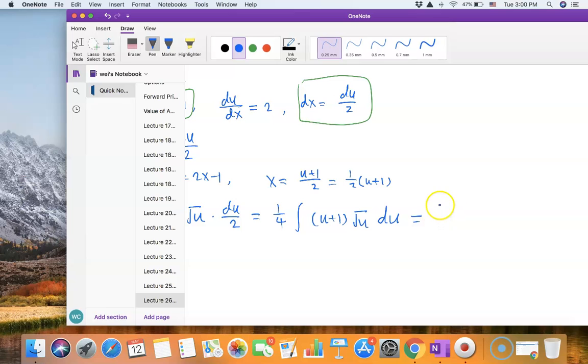Because let me first rewrite the square root of u into u to the power of 1 over 2. Now, if I distribute this term into u plus 1, I will get u times u to the power of 1/2 plus 1 times u to the power of 1/2 du. And u times u to the power of 1/2, we can do this by using the property of exponents, because this is u to the 1 and this is 1/2, so it's 1 plus 1/2, which is u to the power of 3/2.